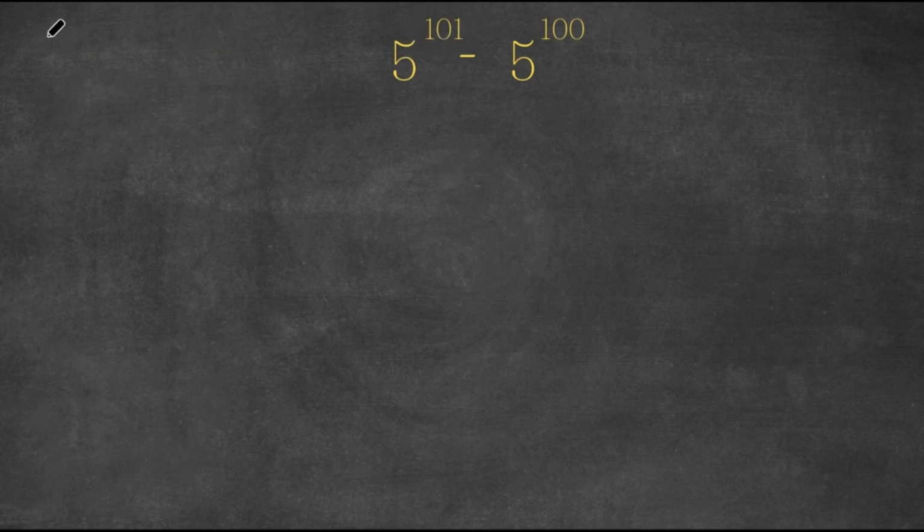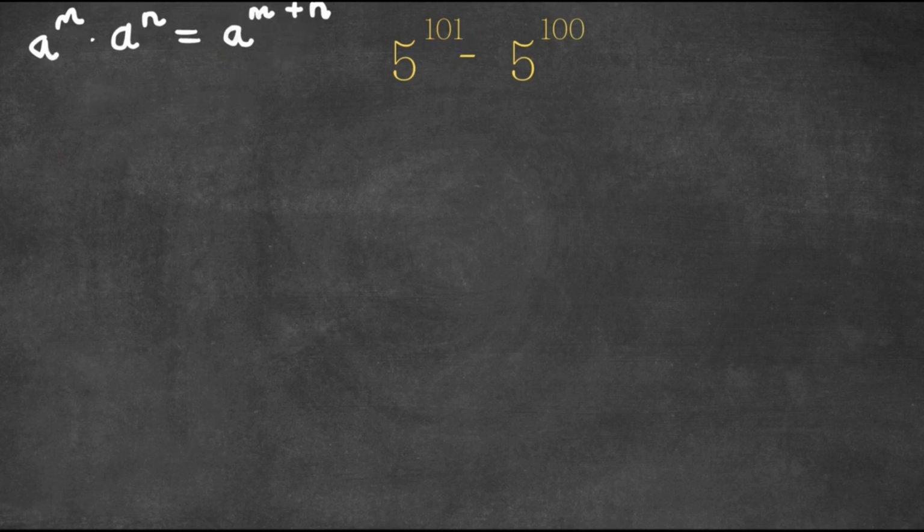Now, if we have something in the form a to the power of m times a to the power of n, this is equal to a to the power of m plus n, right? And the same thing can be written vice versa.